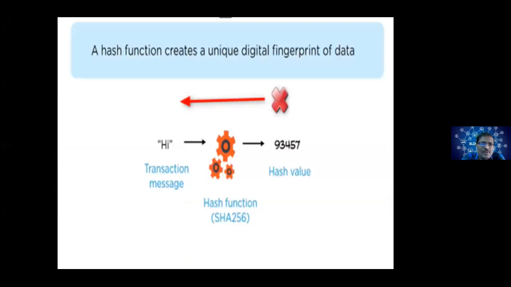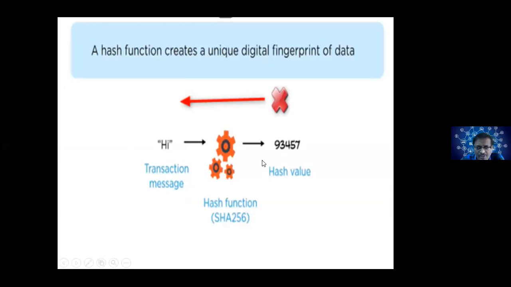A hash is a function, a program which takes some plain text as an input. Here, "hi" is the plain text we give as input to a hash algorithm. An example hash algorithm is SHA-256, the secure hash algorithm, and the output is a hash value, which is a hexadecimal, a combination of digits and alphabets.